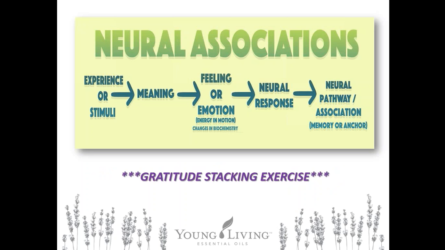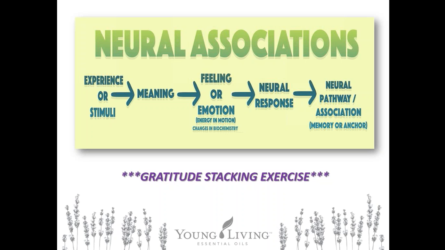Now, we talked about associations earlier, and this is the process of neural associations. So neural means your neurology or your neurological system, your nerves, your sensory perceptions, your brain, your spinal cord, all that part is your neurological system.